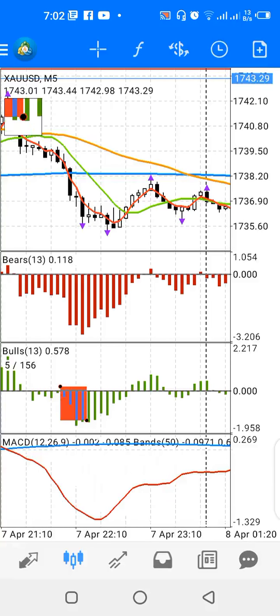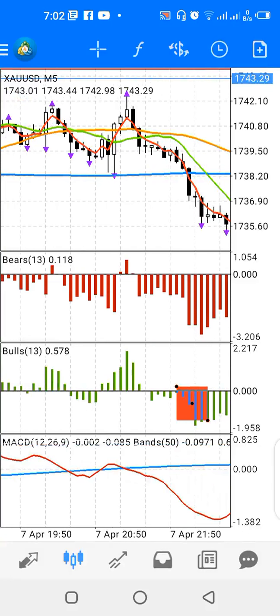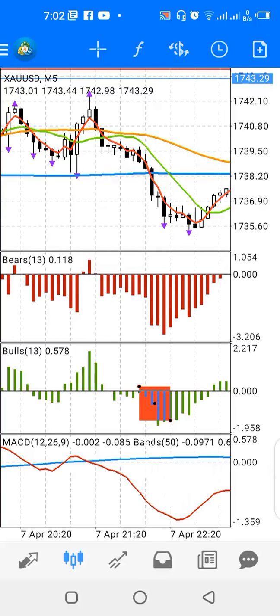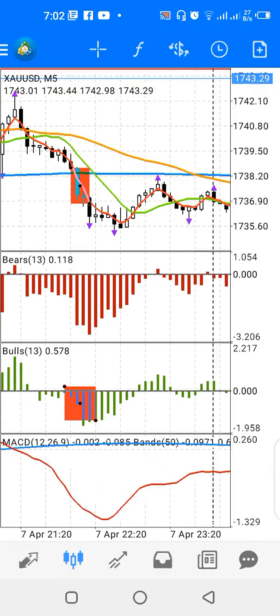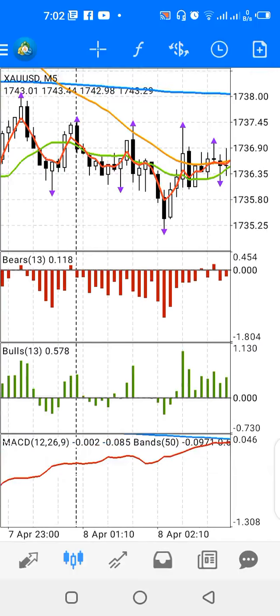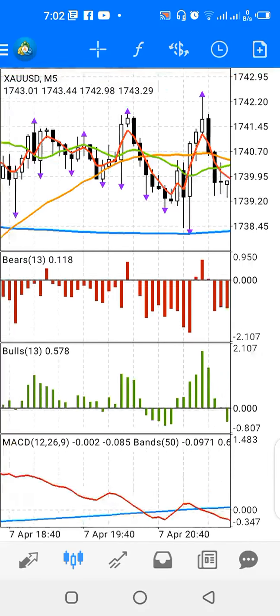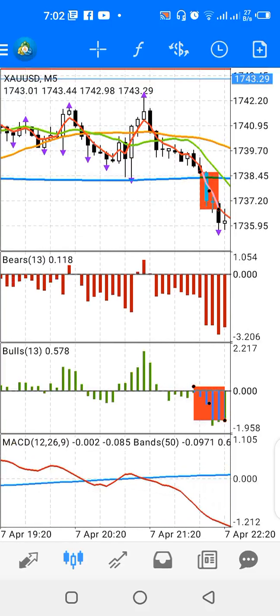Okay, you have it developing below the zero level, that's time to sell. And you can see what happened on the main chart. So that's basically how to use indicator window two.